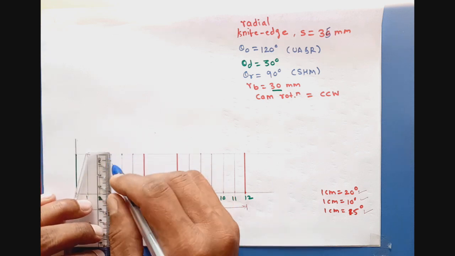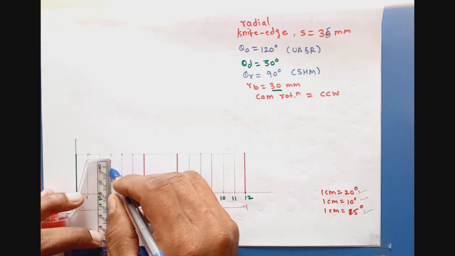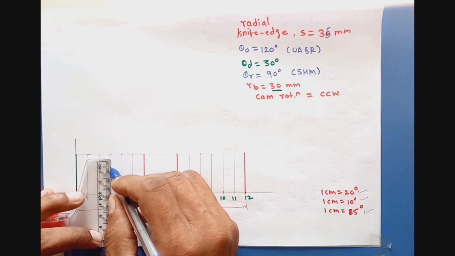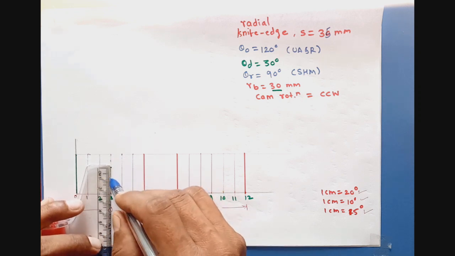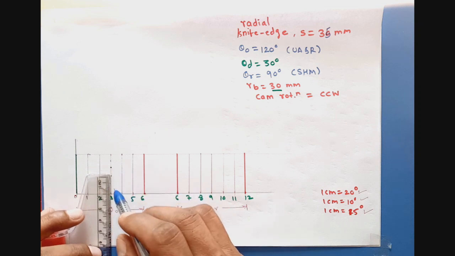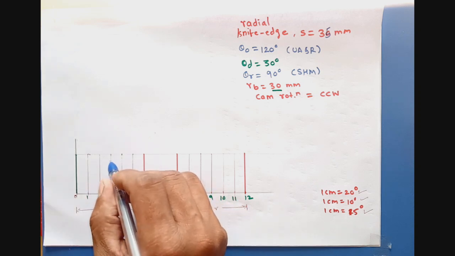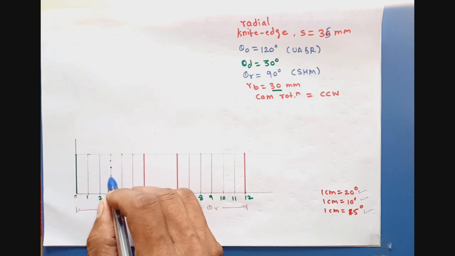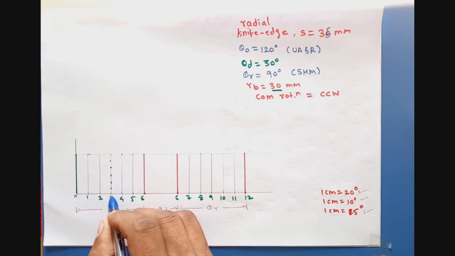So 1, 2, 3, 4, 5. So this is 1, 2, 3, 4, 5, and this is 6.